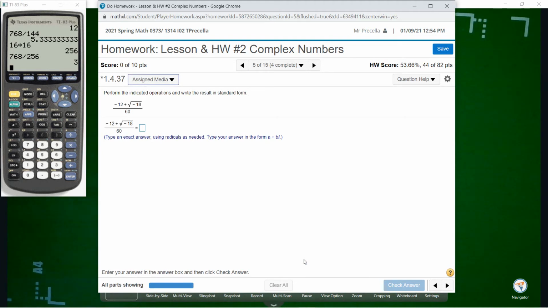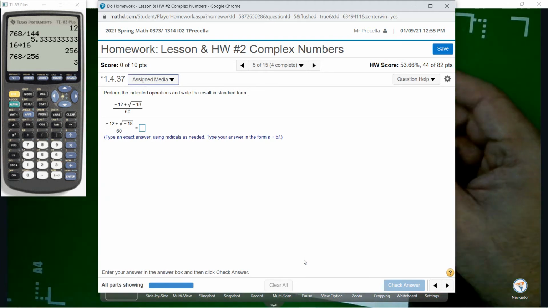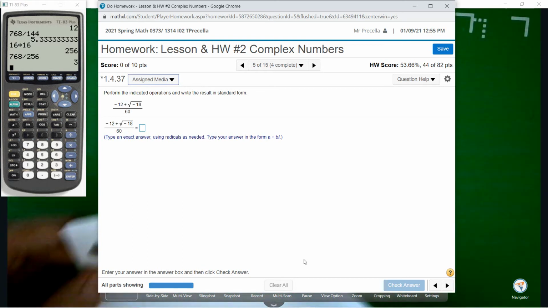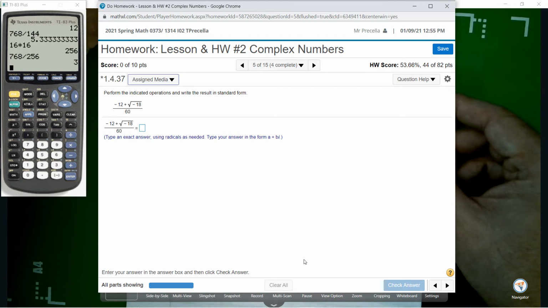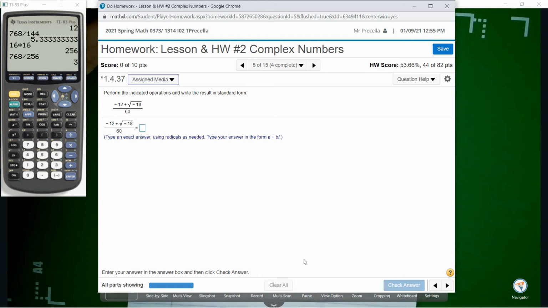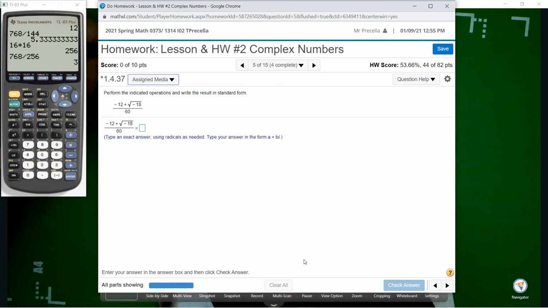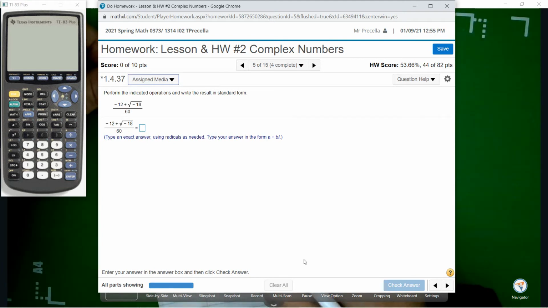Number 5. Oh, good. Number 5 has some smaller numbers here. We'll write it down. Negative 12 plus the square root of negative 16 all over 60.